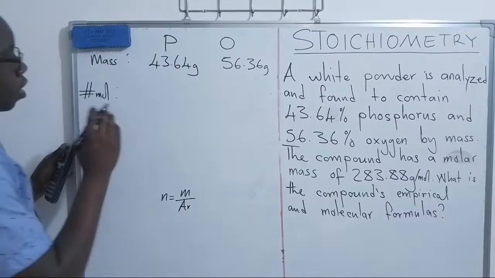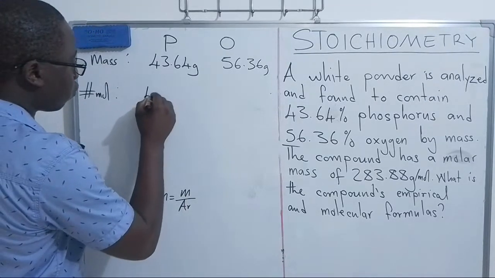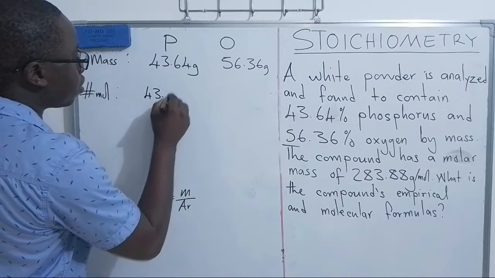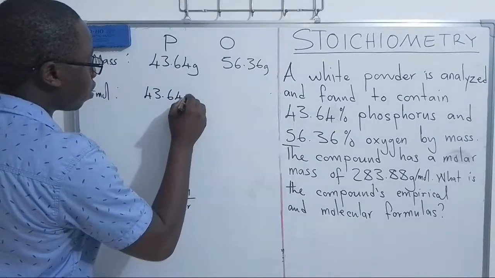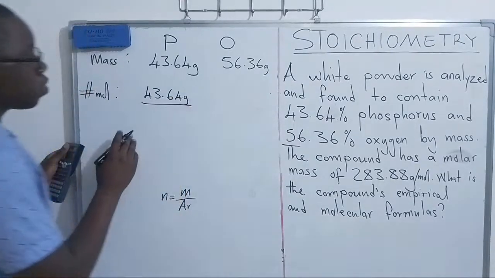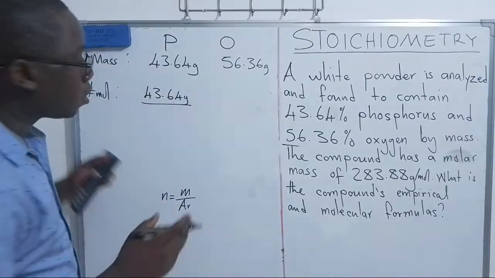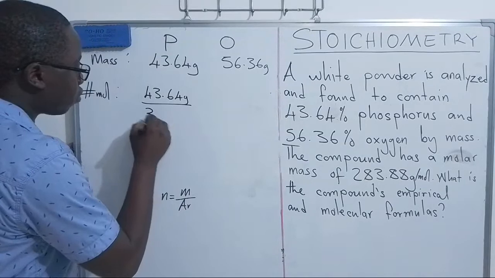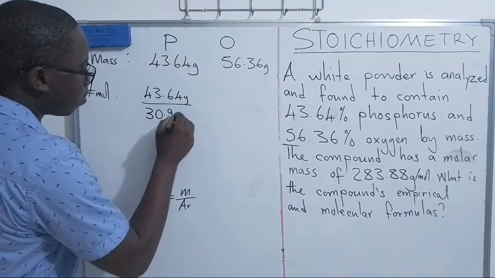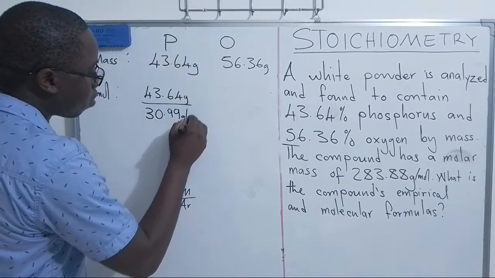The mass we have is 43.64 grams, and the atomic mass of phosphorus is 30.99 grams per mole.